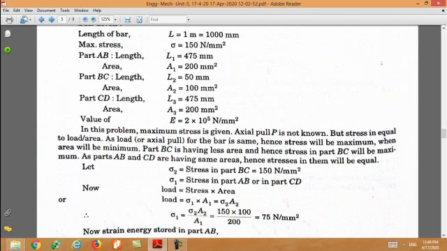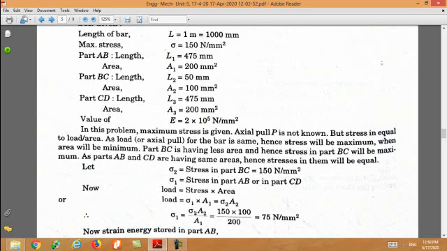Axial pull P is not known, but stress is equal to load upon area. As the load is axial for the bar and the same, stress will be maximum when area is minimum. So area is minimum for which? The mid section, part BC, having less area. So stress in the part BC will be maximum.